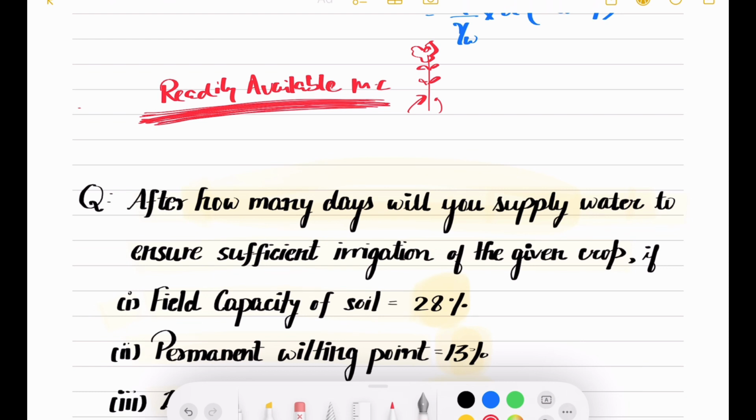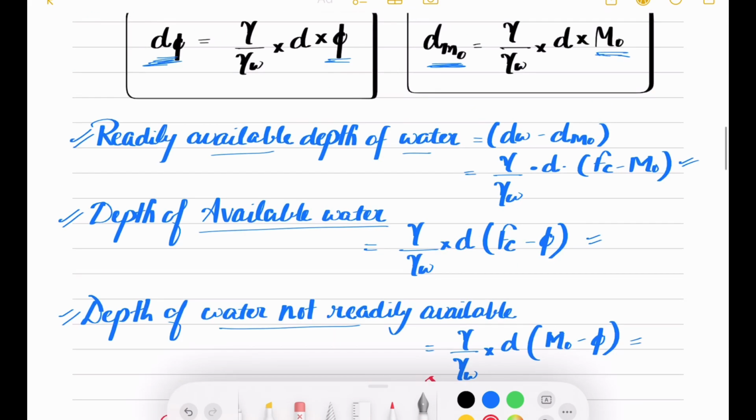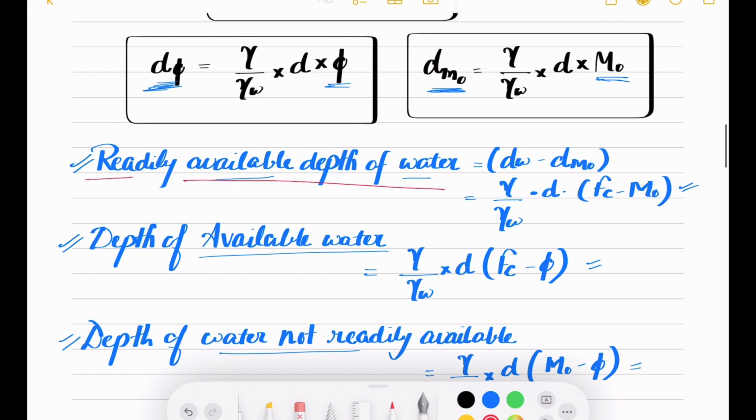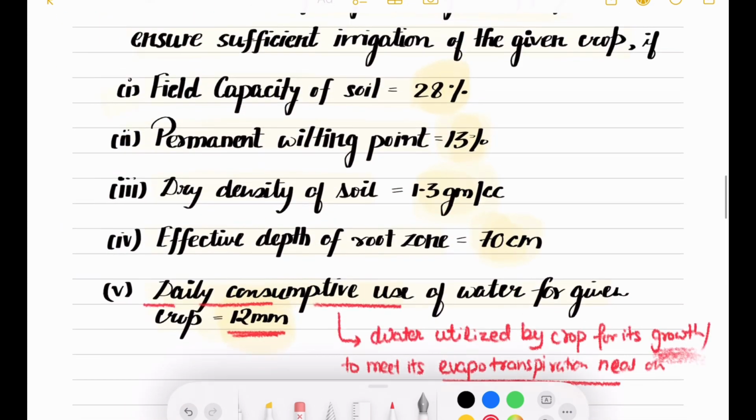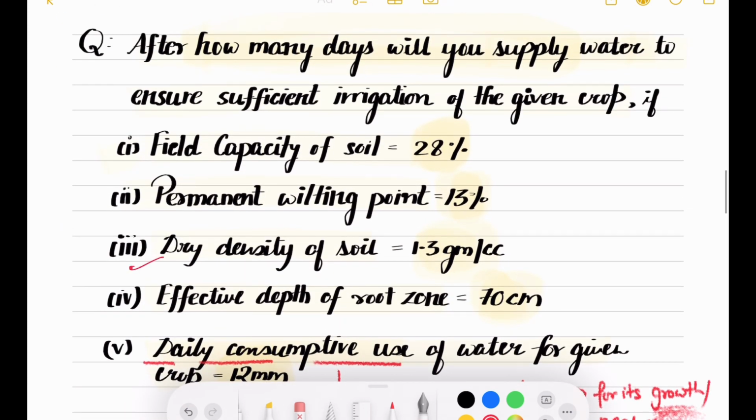So basically we have to find out the depth of water up to which the moisture content should be readily available. We have discussed the formula. The readily available depth of water is equal to the field capacity minus the optimum moisture content, times gamma by gamma w, times d. If you look into the question, we have been given gamma, the unit dry density of the soil.